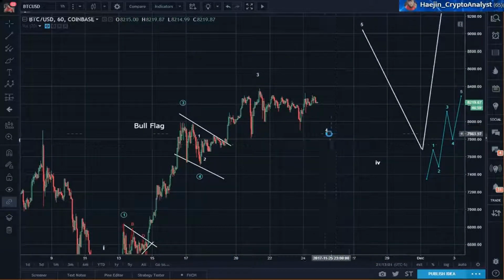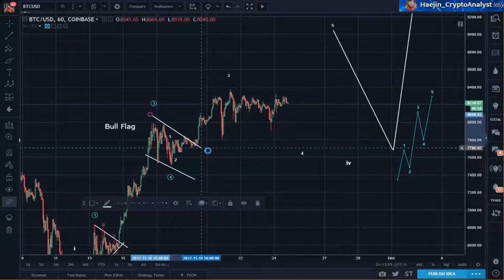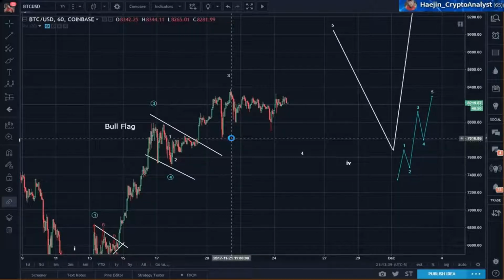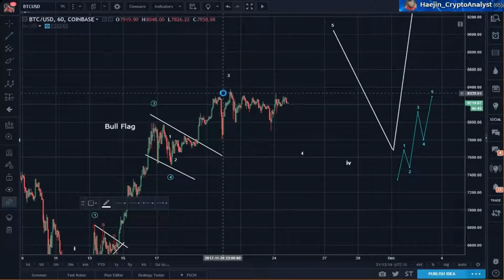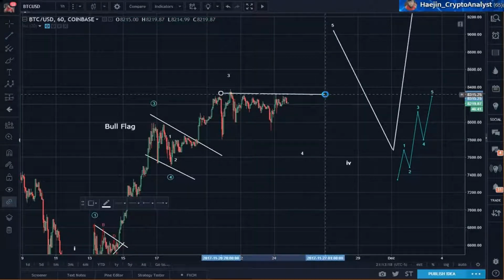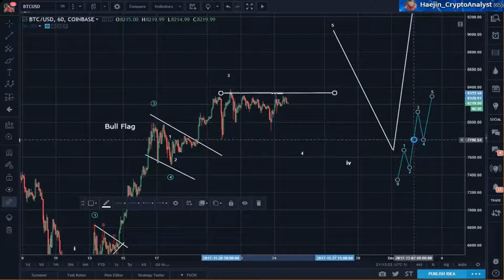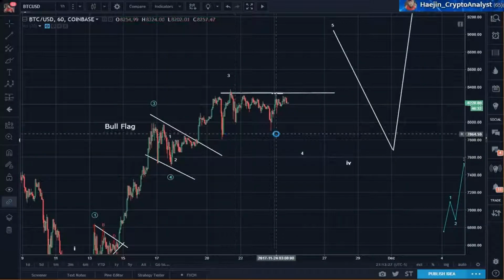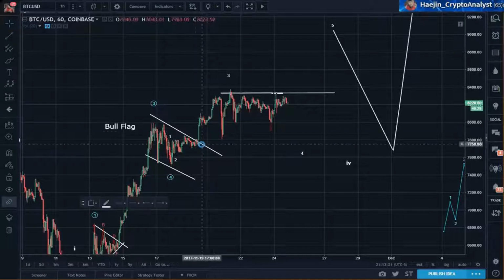I'm beginning to think that this is going to be a little longer than what we think, because I'm not really seeing, how should I say, gusto risings. So while it incrementally goes up little by little, I'm thinking that we can get a scenario like this.